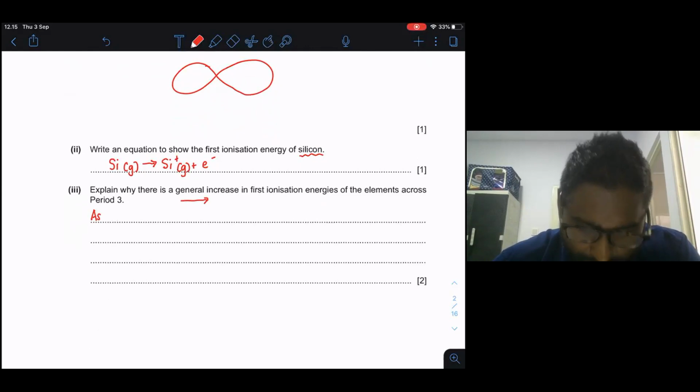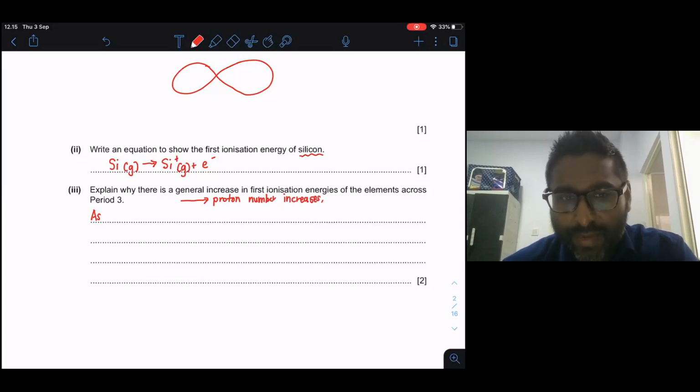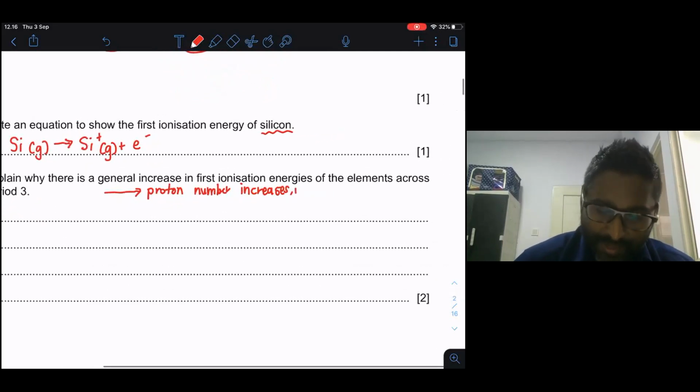Yes, as you go across the same period, the proton number increases. What can you tell me about the number of shells? Is it the same, or is there any change? The number of shells is the same.